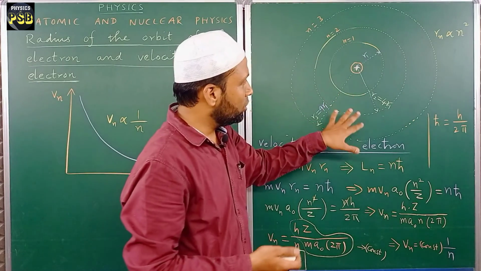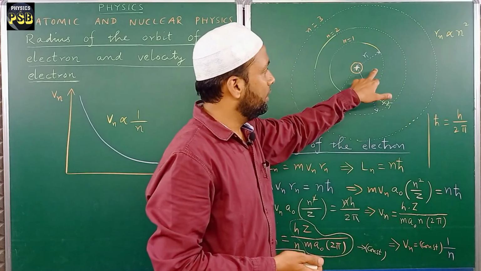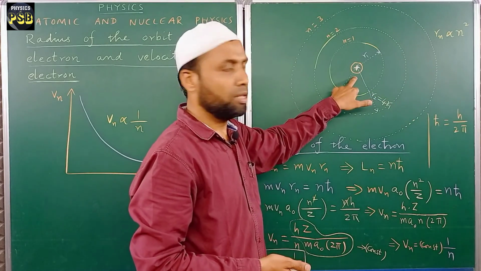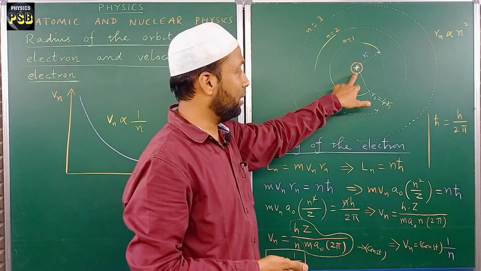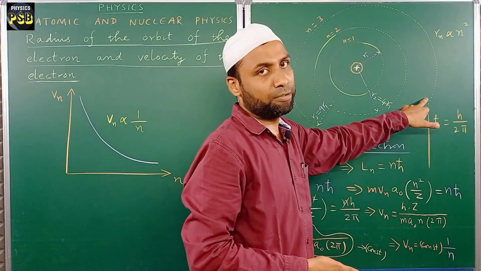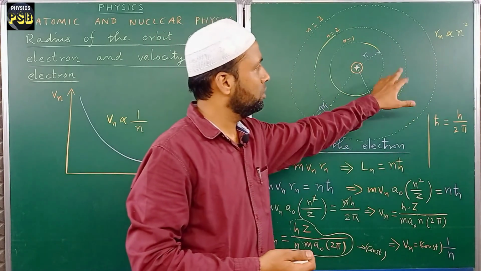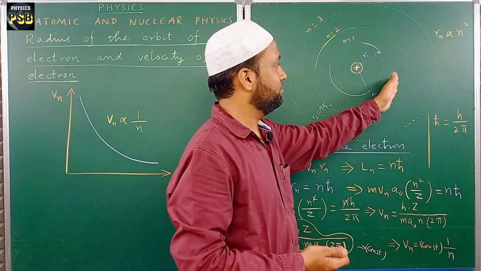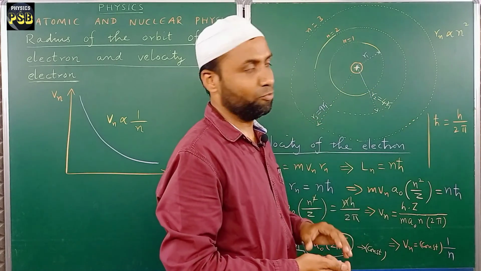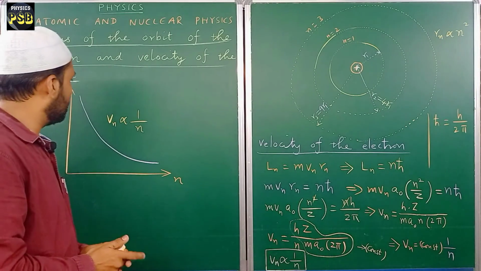According to this diagram, this is the ground state and these are all excited states. Electrons present in the ground state travel with high velocity to overcome the highest attractive force by the nucleus. Whereas electrons present in excited states are far away from the nucleus, so they are less attracted by the nucleus. So they travel with less velocity, which is enough for those electrons to overcome the less attractive force. Understood?